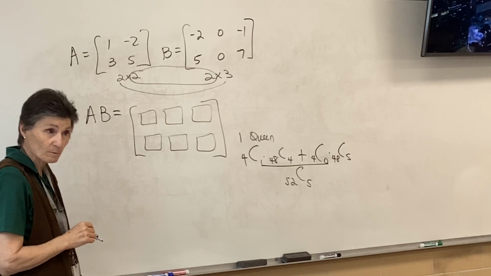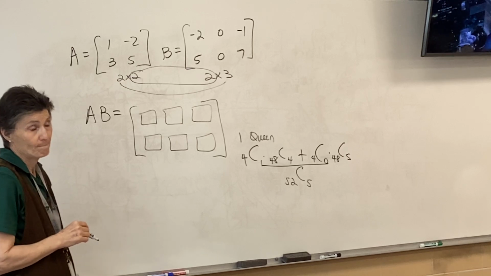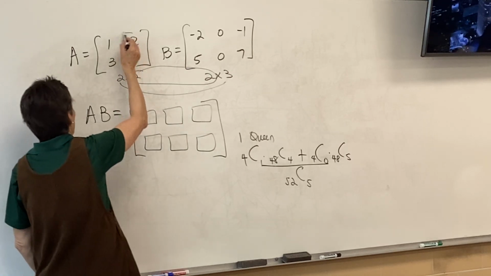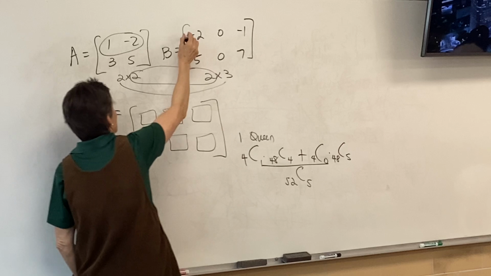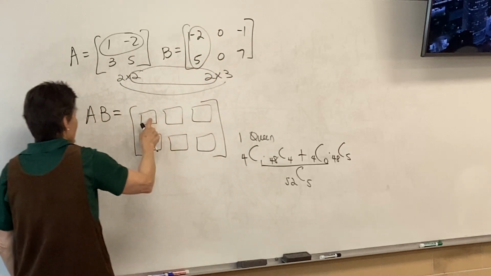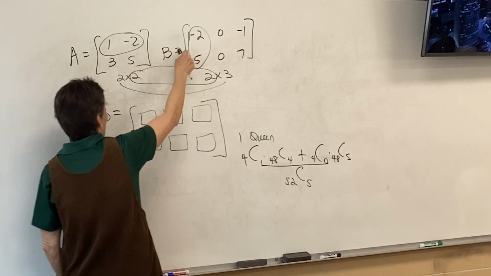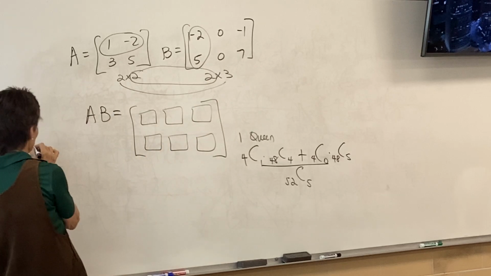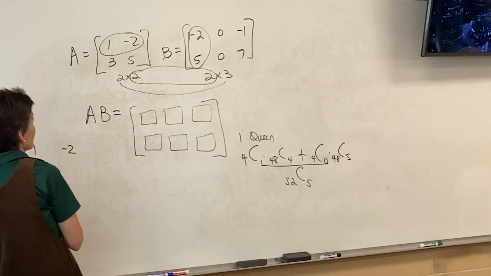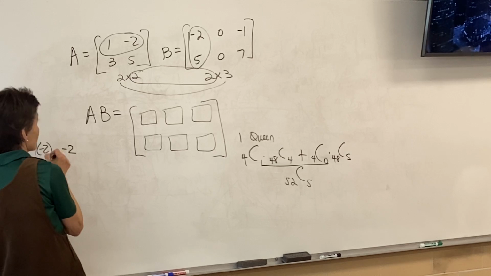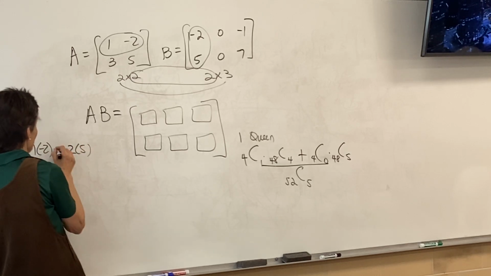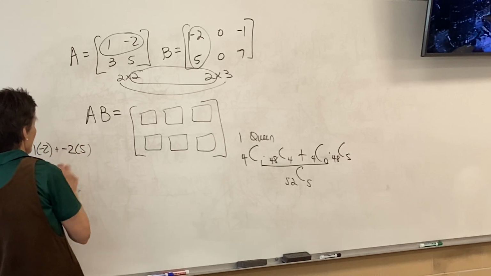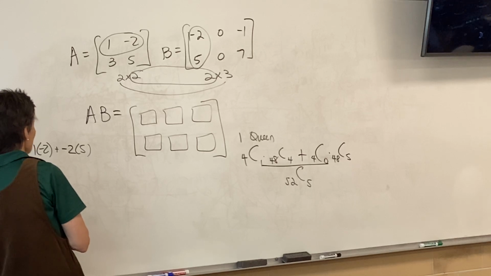So who remembers how we do that? How do we do that? Rows and columns. We take always the row first times the column. So that spot right there is gonna be row 1, column 1. So I write down row 1. And then next to those numbers, I write down column 1. Multiply each pair and add them up.